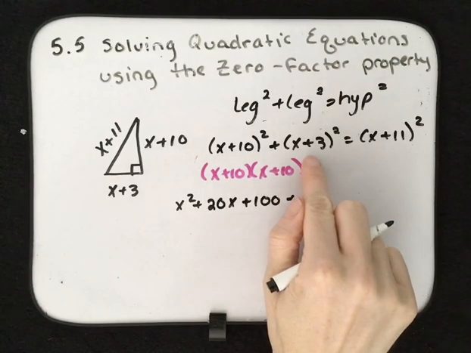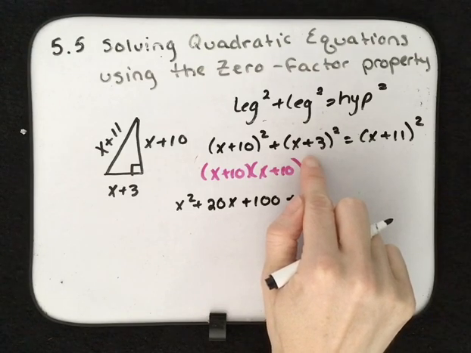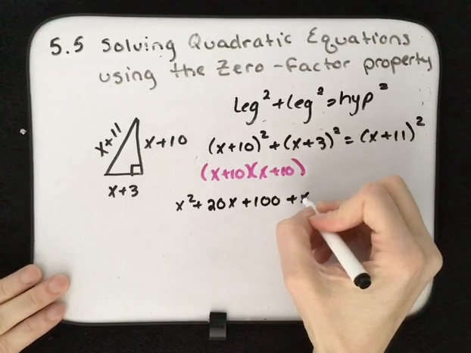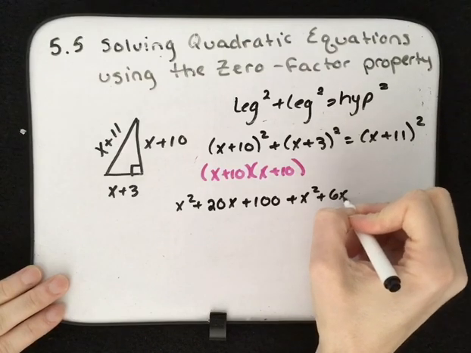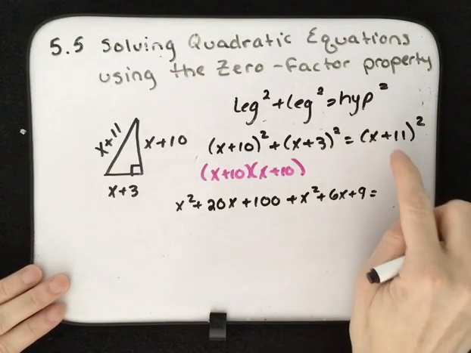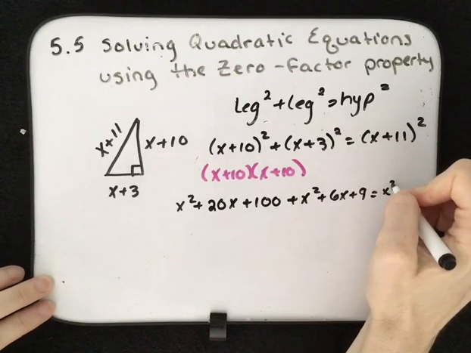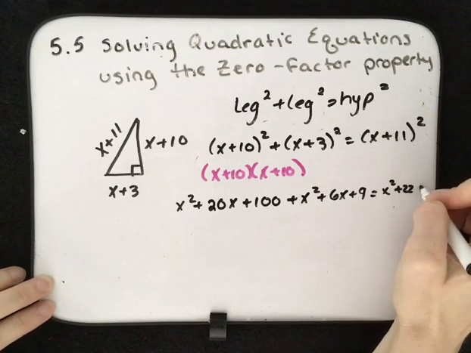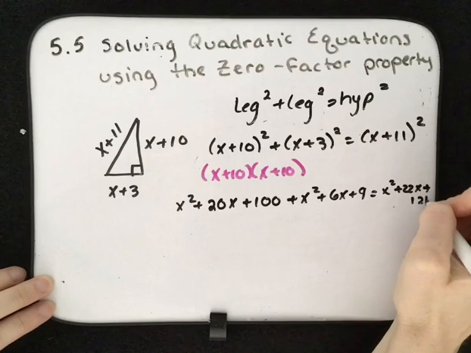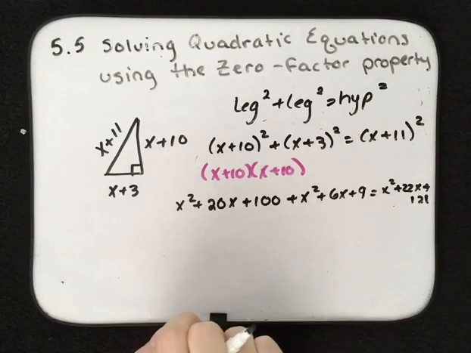Then x plus 3 times x plus 3 gives us x squared plus 6x plus 9. And x plus 11 times x plus 11 gives us x squared plus 22x plus 121.